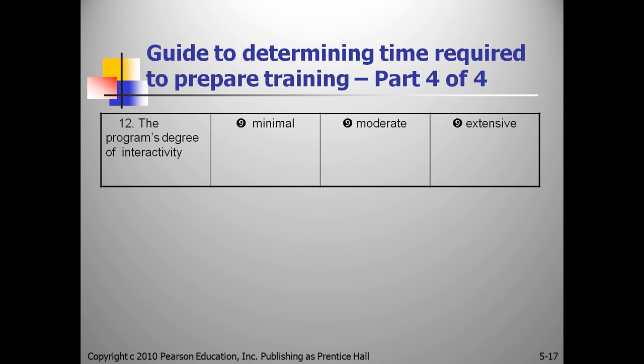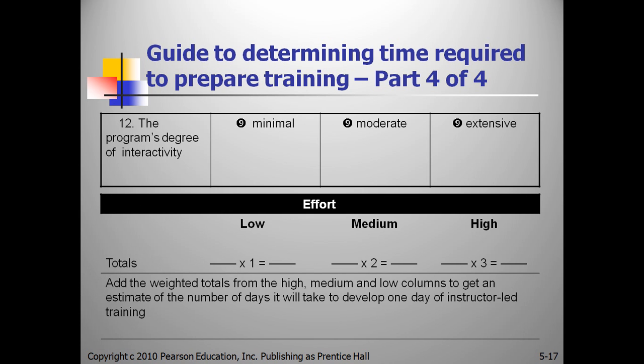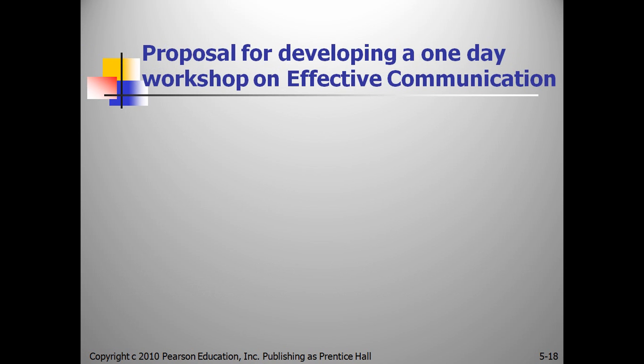Lastly, this slide shows how the factors may be weighted and totaled to estimate a timeline for completion. The next slide will show an example of effective communication and the specific milestones and costs associated for each in developing a one-day workshop.